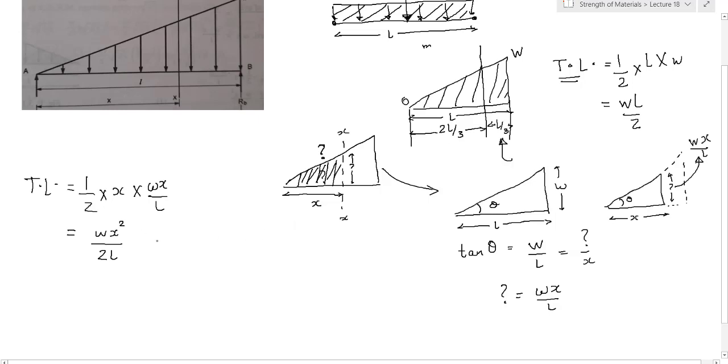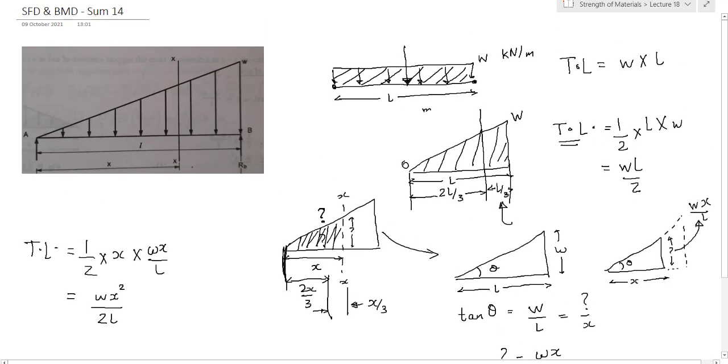If we say from here, it is acting at a distance of 2x by 3, or else from here it is acting at a distance of x by 3, right? So these were the basic things that you should know before we go into solving any of these sums.